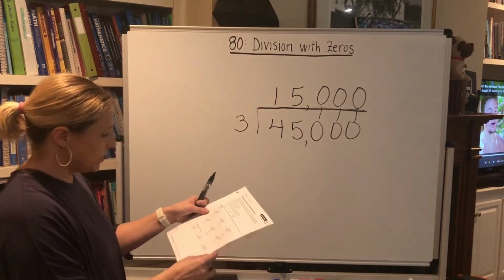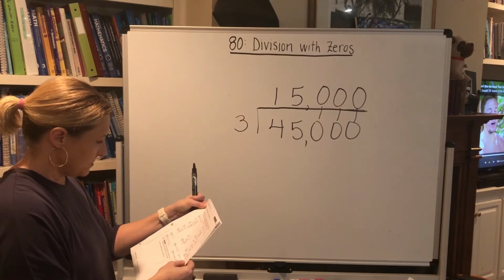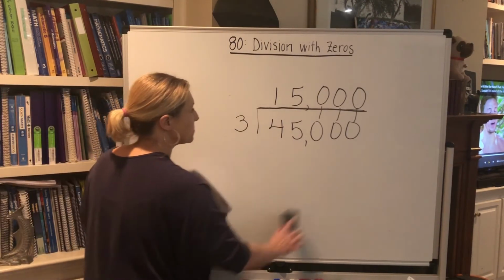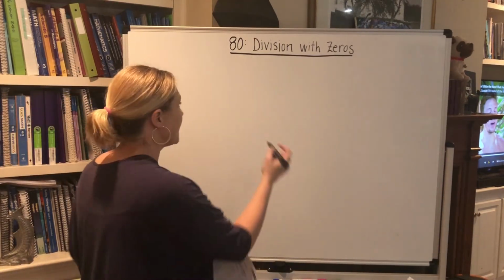Okay, now I want you to turn to number 22 in your math lesson, your actual math lesson. Okay, and then let's walk through this together. 22, 618 divided by 3.